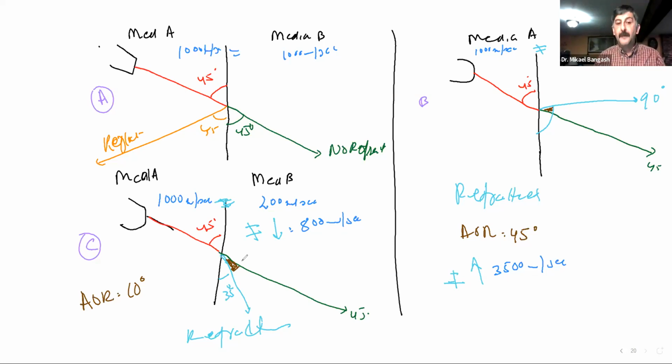Yeah, sure, no doubt about that. So what dictates that here is going to be a lesser angle than it was over here? Or that your angle of transmission is going to be greater than the angle of incidence?